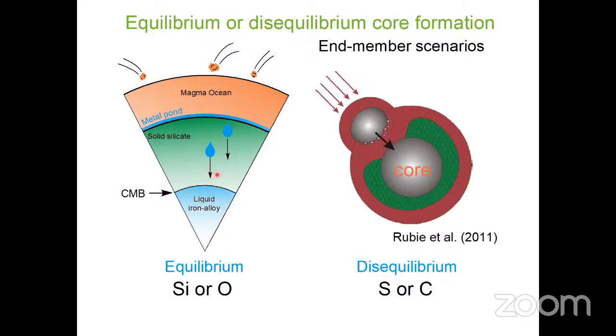So the equilibrium model is kind of the conventional picture of the core formation process. During the accretion stage, the surface of the Earth was subjected to extensive melting. And then we had a magma ocean here. And the depth of the magma ocean is uncertain, but at some point, we have solidified mantle here, this green.